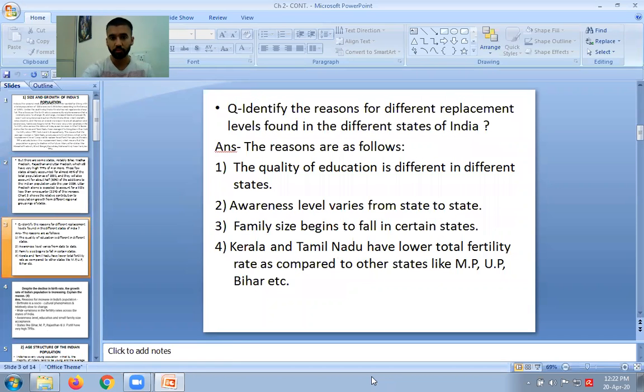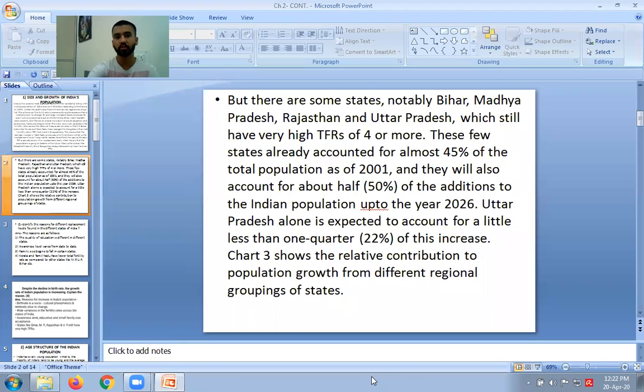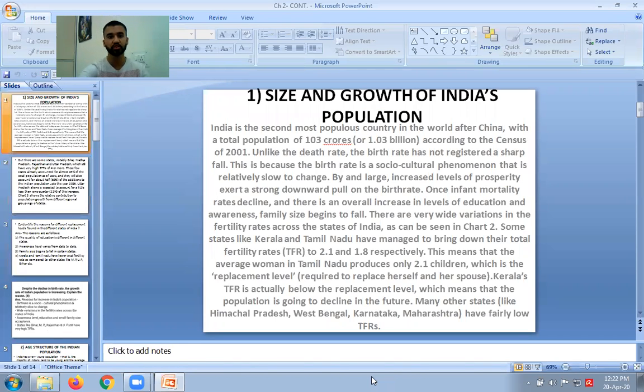So there is a question that comes out of this topic, the size and growth of India's population. As I've already told you, the size and growth of India's population depends on birth rate and death rate. If we do not curtail the birth rate, then our population is always going to grow, right?